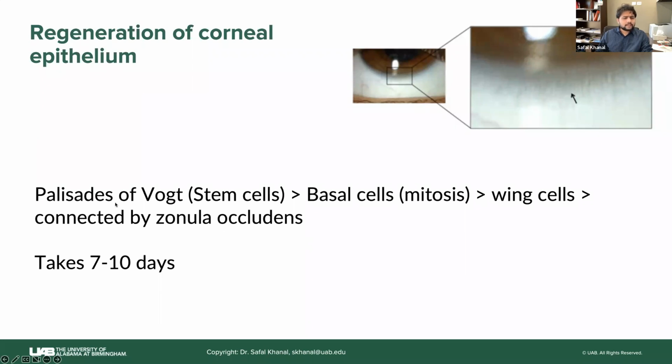Now, the palisades of Vogt are these radially oriented vascular regions that you can see just next to the limbus area, and the stem cells from that area migrate to the basal cells, which divide through mitosis, and then they connect to the wing cells. This whole process can take somewhere around 7 to 10 days to complete.